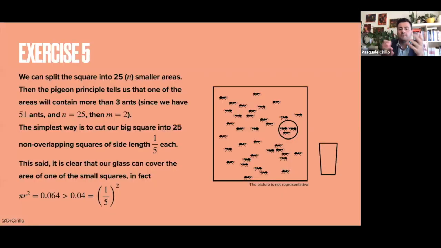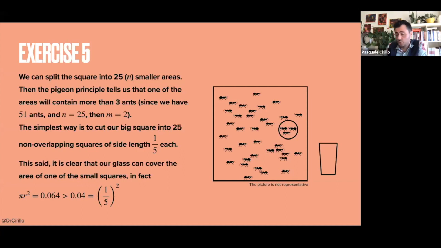And in fact, this is what I can do. I can split my big square, not so big, it's size 1, into 25 smaller areas. Why 25? Because I want to satisfy the requirements of the generalized pigeonhole principle.